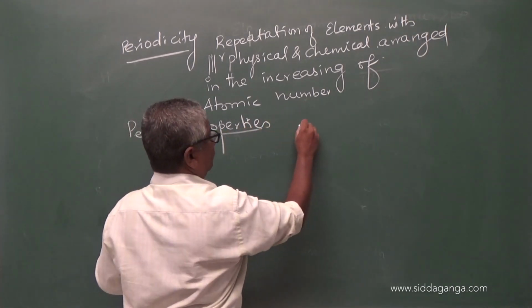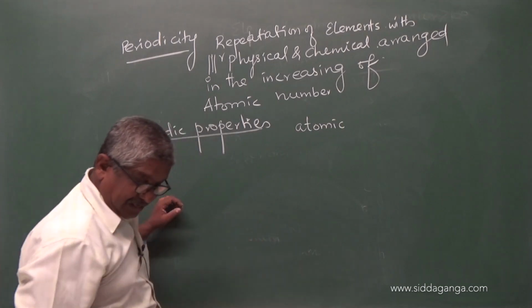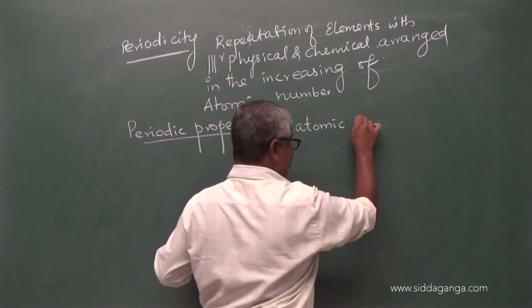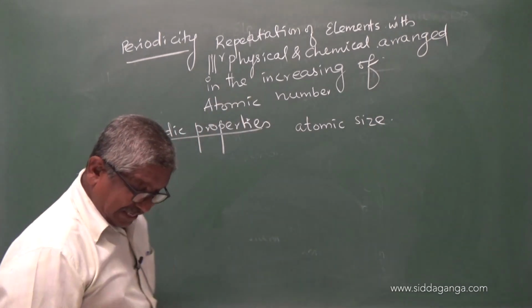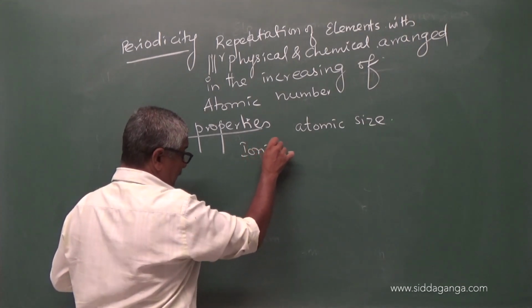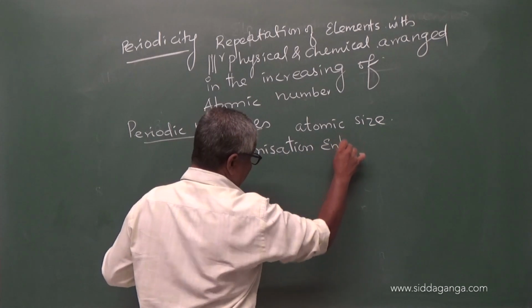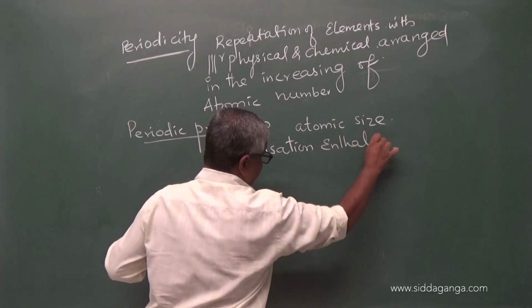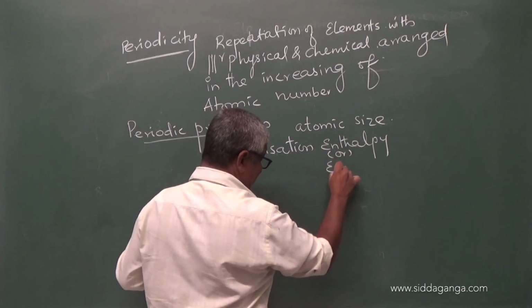First one is atomic size, we can call it atomic radius. Second is ionization enthalpy, also called ionization energy.